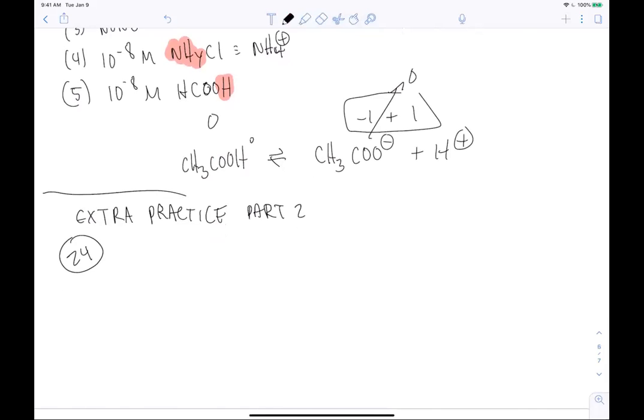So they're asking how many moles of lithium hydroxide.